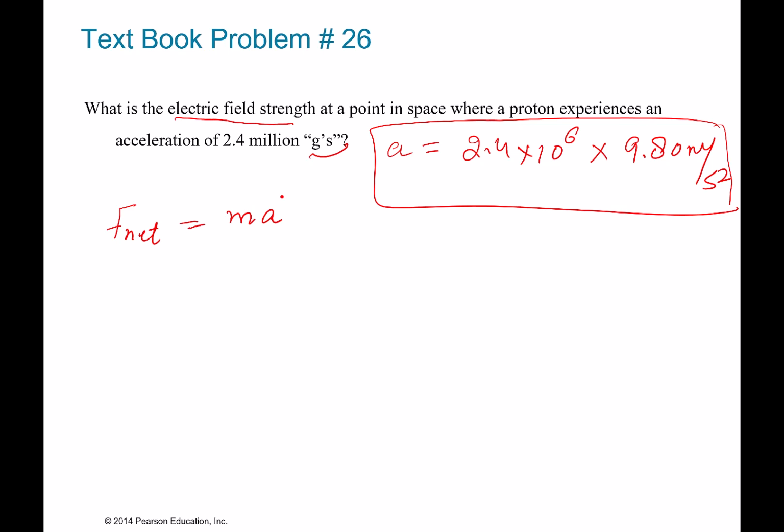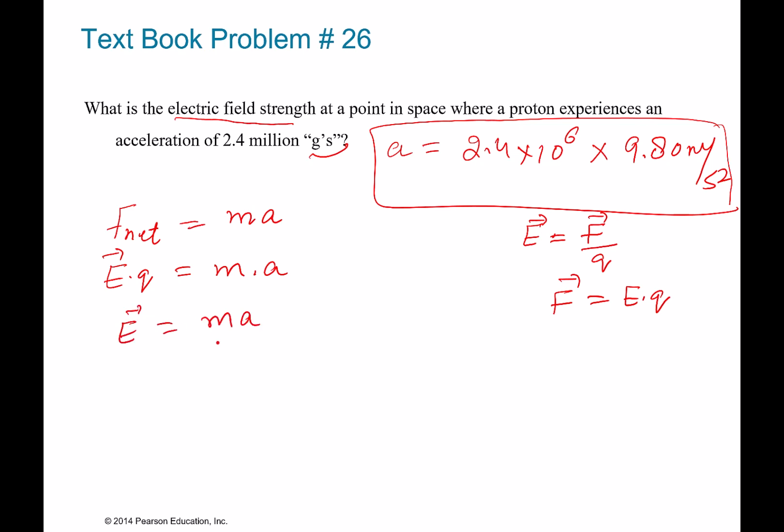In an electric field, if there's a charge, the force can be readily given by F over Q, that means F is equal to E times Q. The only force acting here is on the proton in the space, so it's E times Q, which is mass times acceleration. We can easily find the electric field by rearranging the terms and working on the numbers.